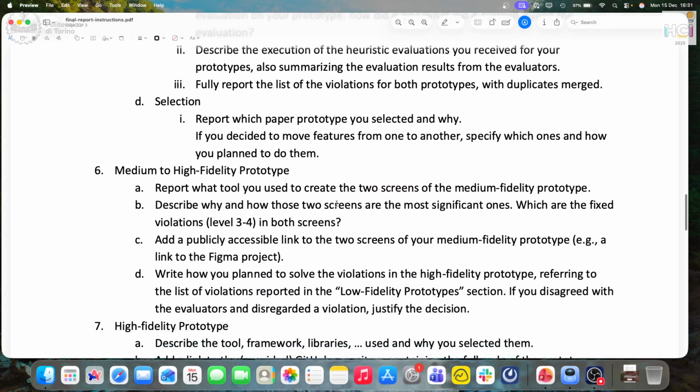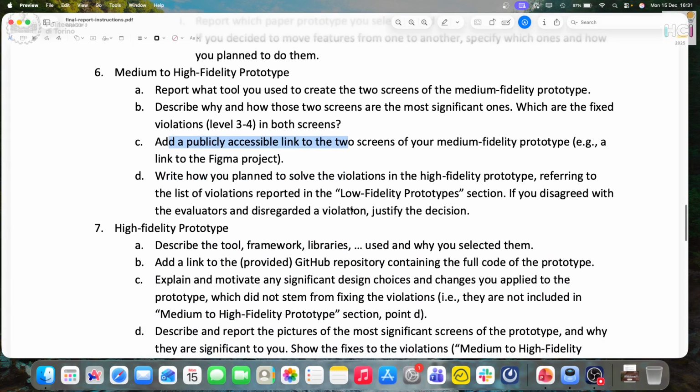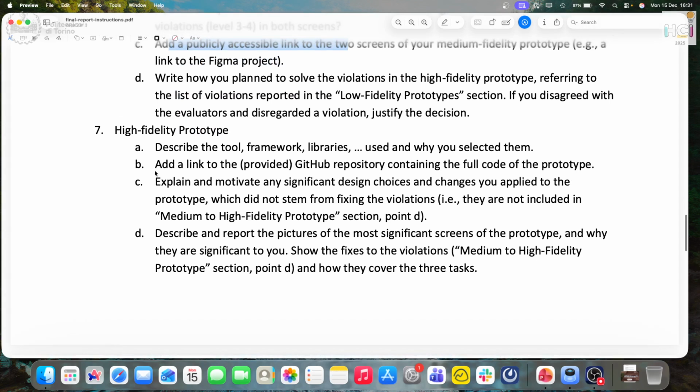Instead, when we want you to link something, we say add the link. In that case, you don't have to include, but add a link. Everything else that is included, embedded, reporting, listing, etc., means that should be inside the document.